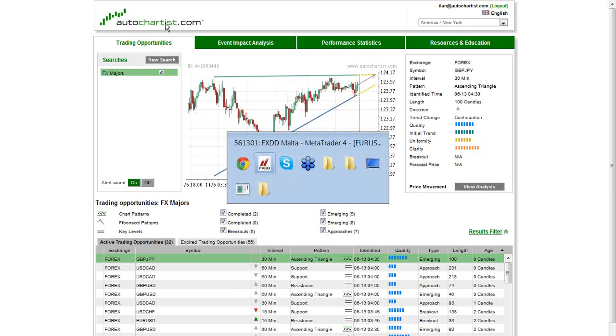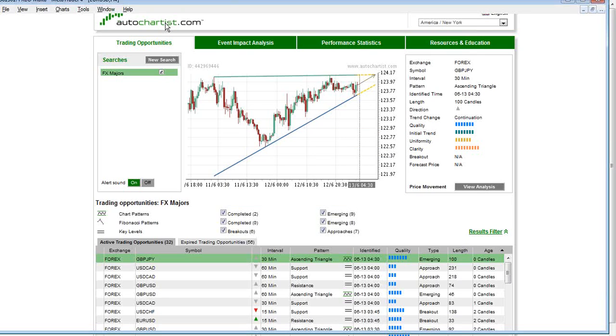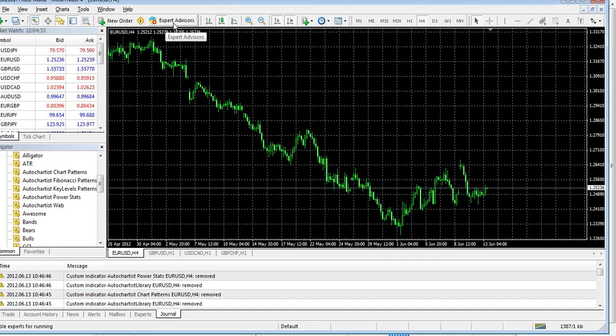And this is what your MetaTrader should look like. Let me give a moment for my screen to refresh.